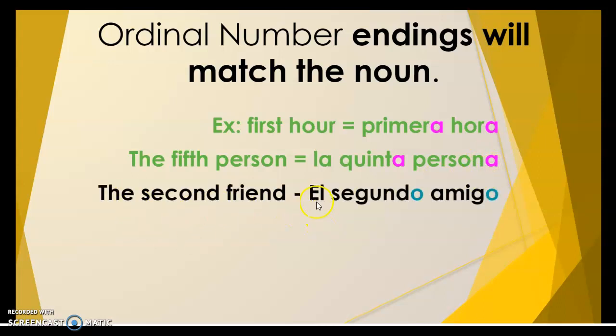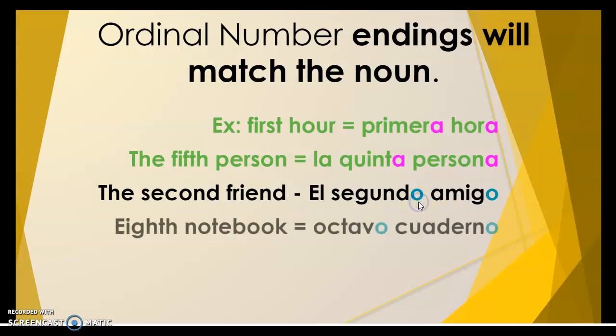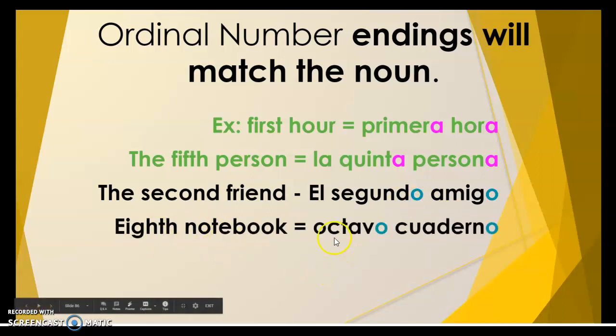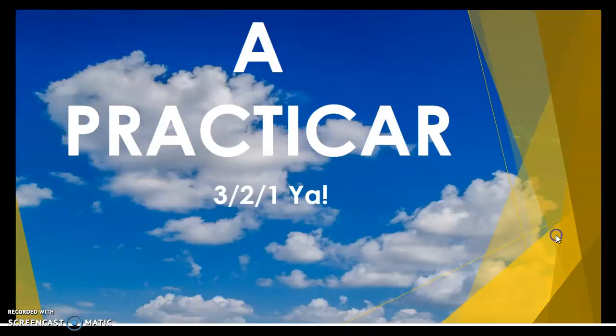The second friend, el segundo amigo. So our noun is amigo, it ends in an O. So that tells us that our ordinal number is going to end in an O. There's also the eighth notebook, octavo cuaderno. Again, cuaderno is our noun, it ends in an O. So we're going to make sure that our ordinal number does as well.